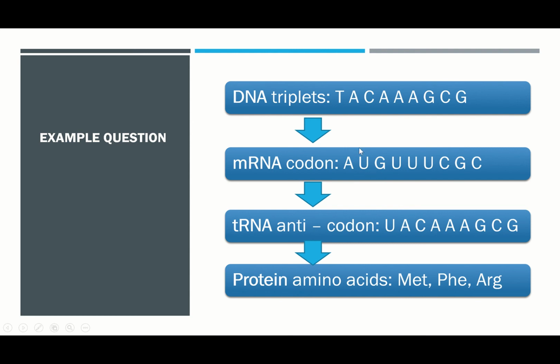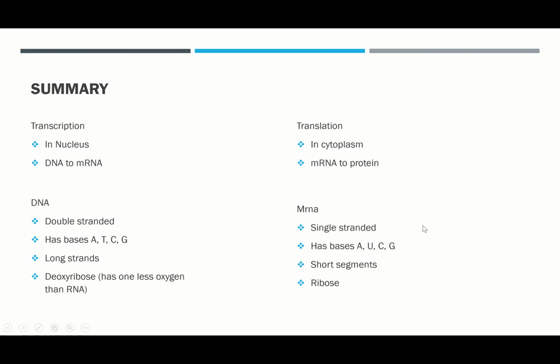So if you see AUG, you would know that its corresponding amino acid is MET. But if you see UAC and think that MET is the amino acid for the anticodon UAC, that would be an incorrect answer.